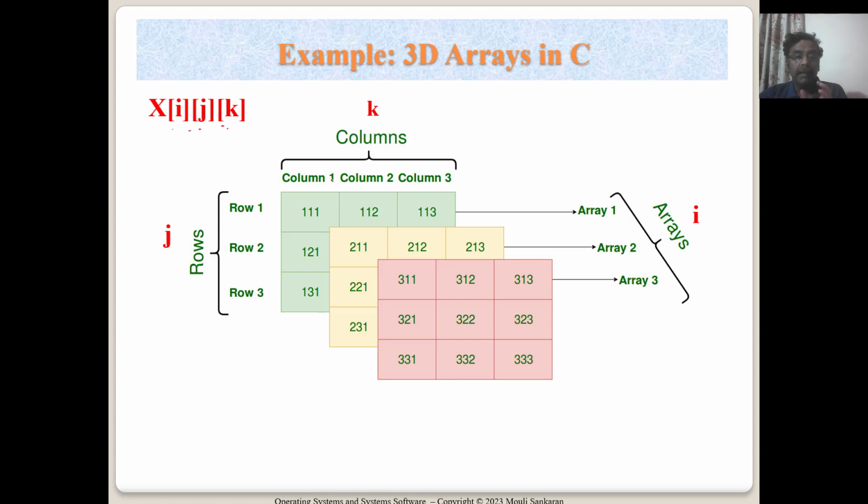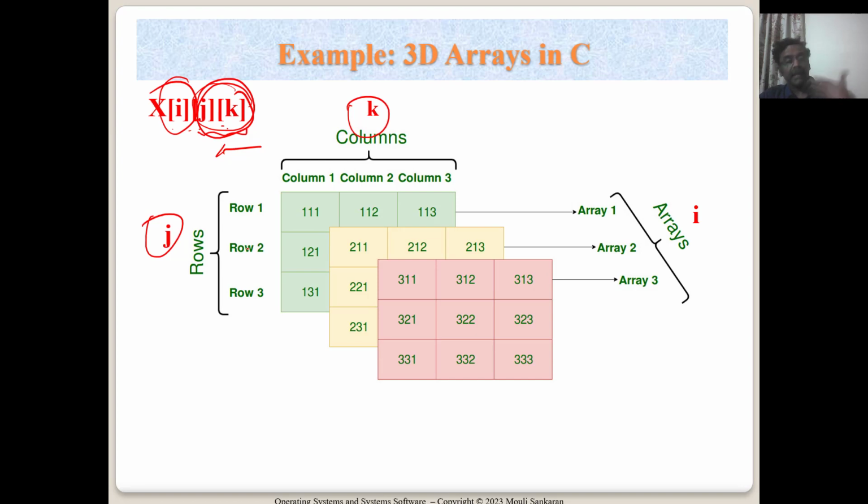You take the lower one and form a j by k matrix, j rows and k columns, and then I planes of it. So you start from this end, construct this matrix first, and then come to this matrix.